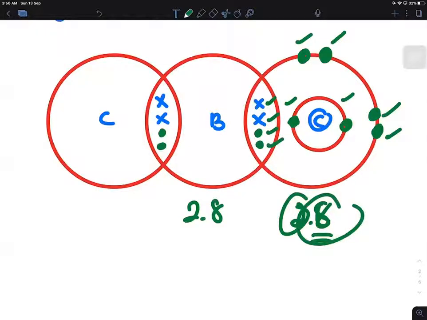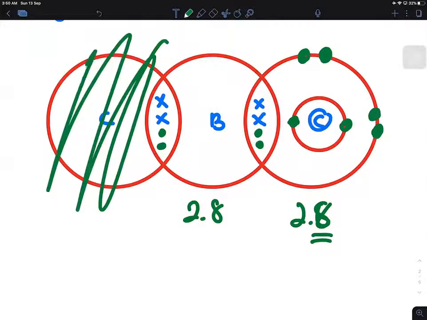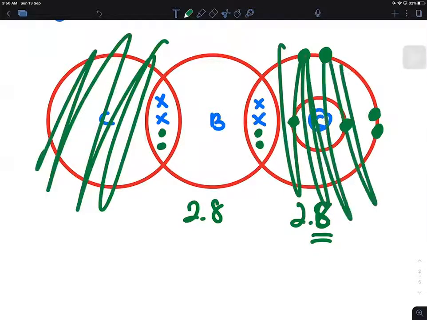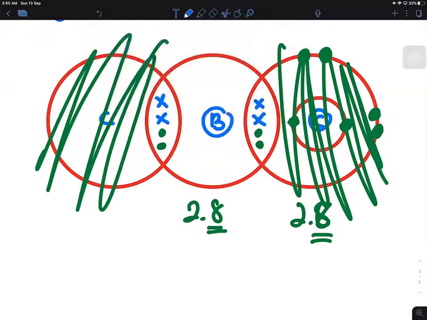So for B, same thing you do. You ignore everything at the side, you just focus on this atom B. Atom B now already has 8 valence electrons. That means it still needs 1 more shell for the 2.